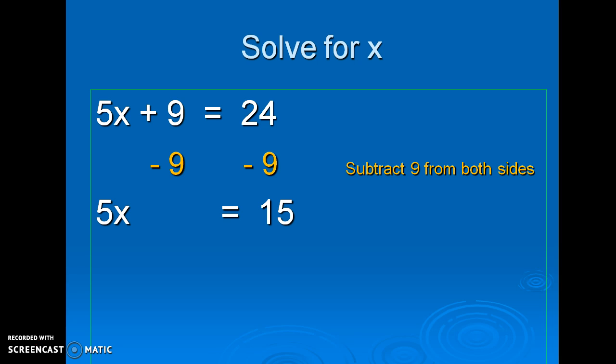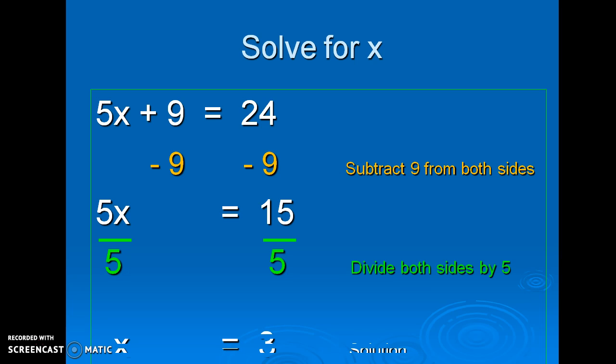We still need to isolate the x. Currently, we're multiplying the x by 5. To eliminate that 5, what do we need to do? We need to do the opposite operation, which is to divide by 5. But we must divide both sides of the equation by 5 to keep it balanced.